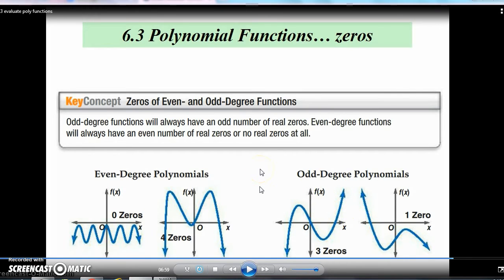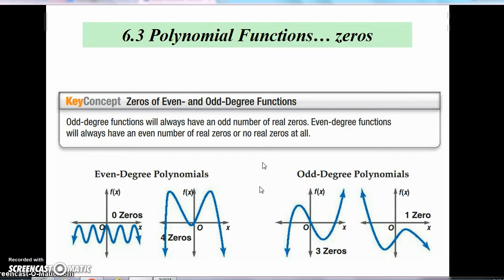I believe we discussed this before. And then you have a maximum possible number of zeros depending on your degree. So if you had a third degree, the maximum possible number of zeros would be three, and then all the way down to 1. You are not going to have an even number of zeros for an odd degree function.